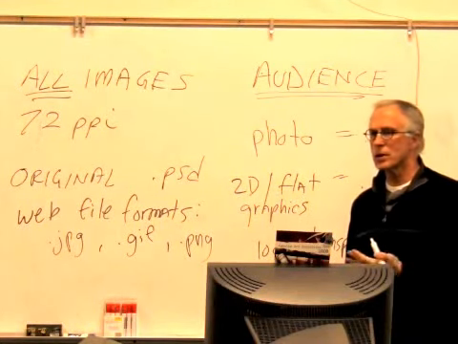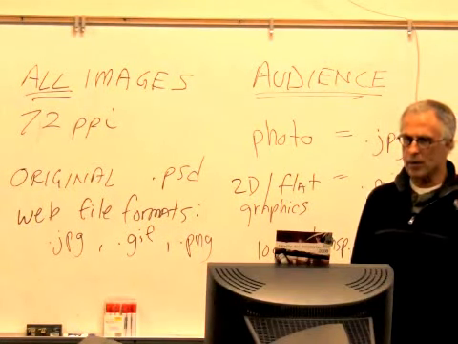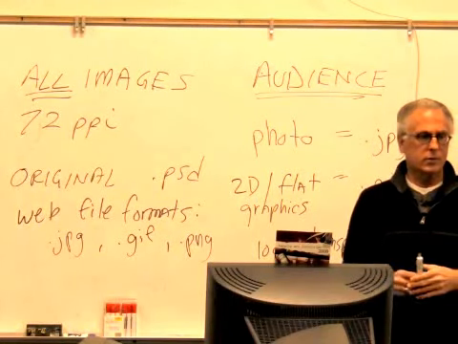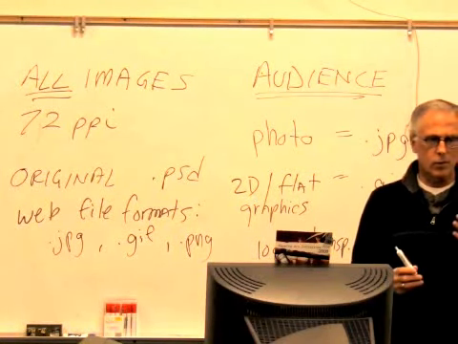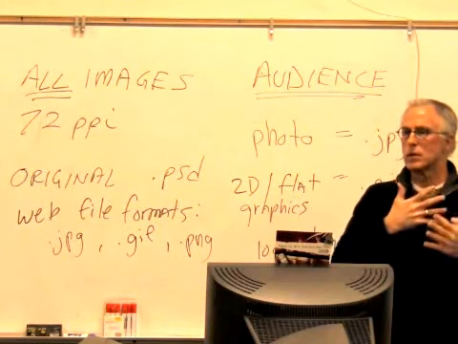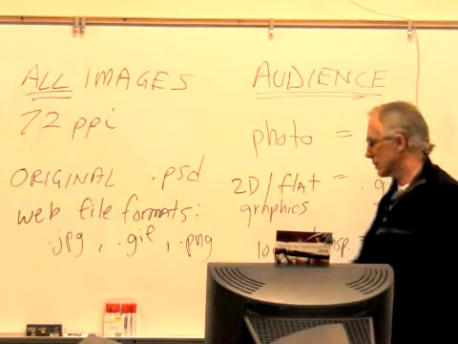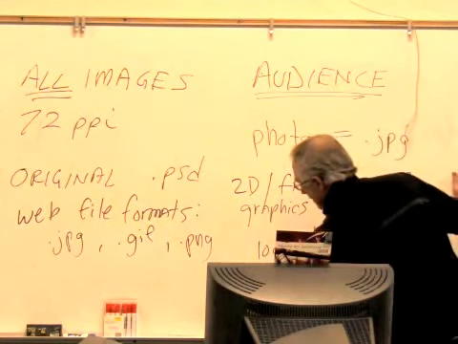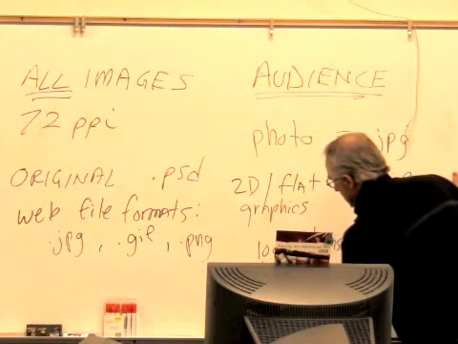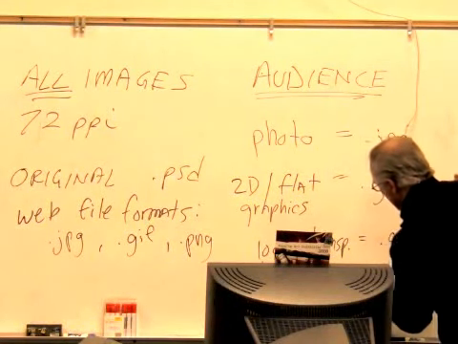If I want partial transparency, meaning it's not 100% transparent, maybe I want parts of my image or my entire image to be 50% transparent, where you can see through it like a veil, then I would have to rely on PNGs. So partial transparency would be PNG only.